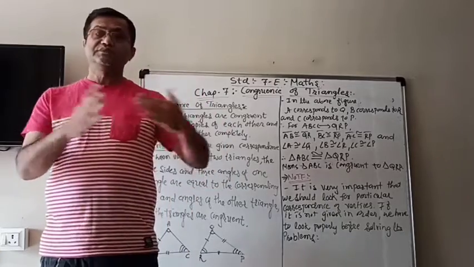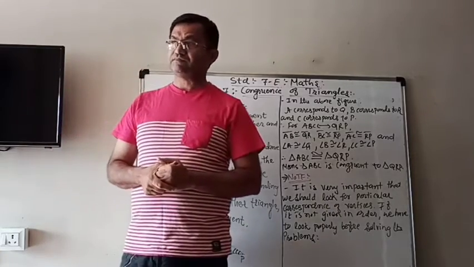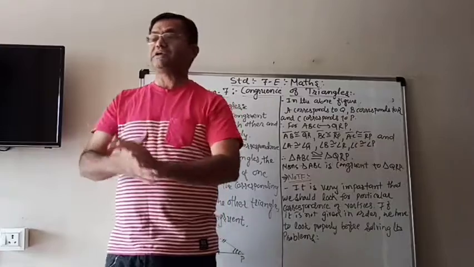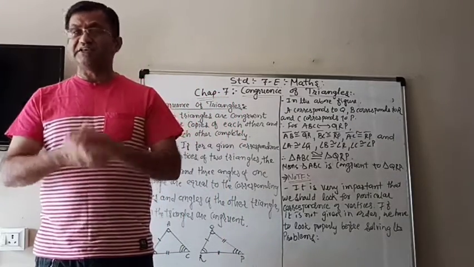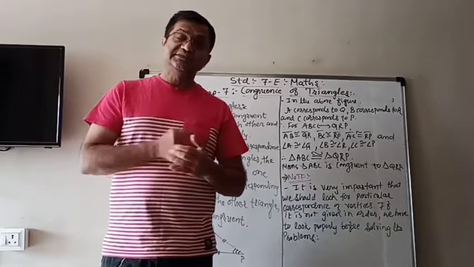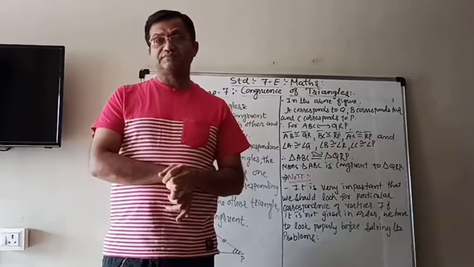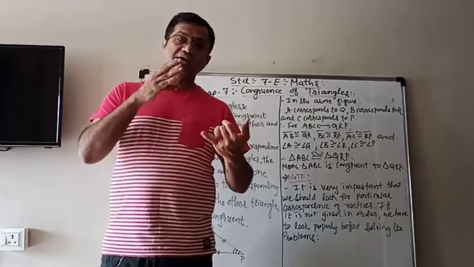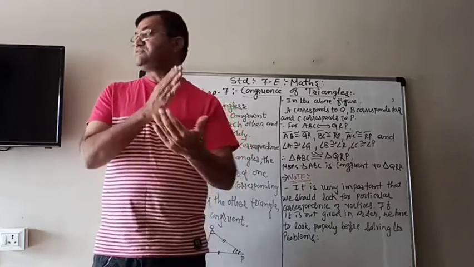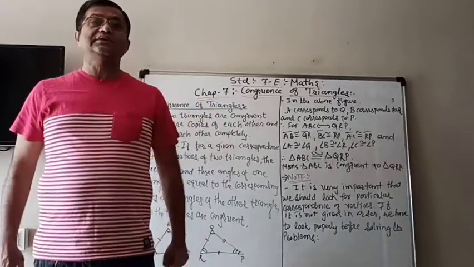But if they have different measures, one 30 and the other 40, then the shape will be the same but the sizes are different, and therefore they are not congruent angles.